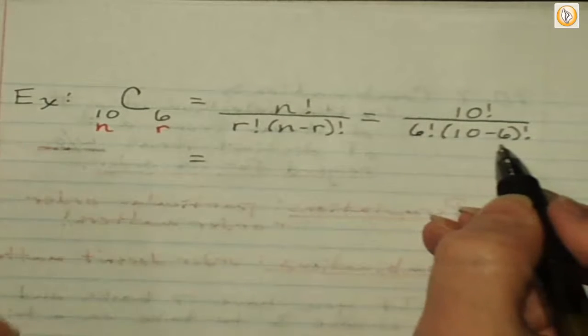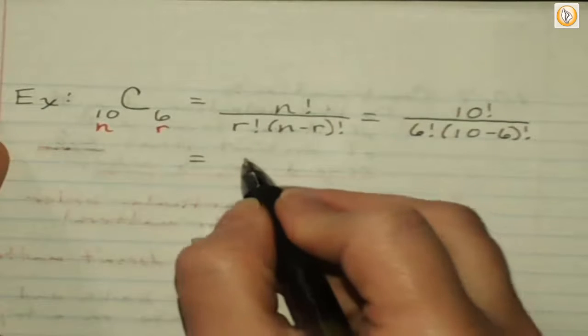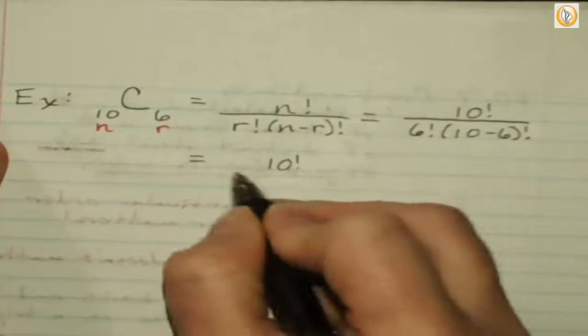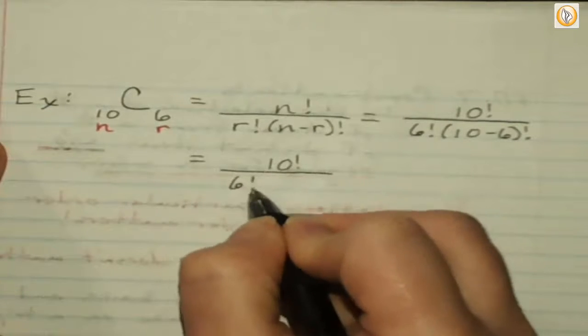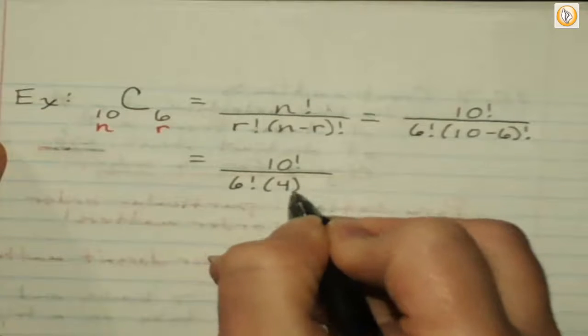Ten minus 6 is, everyone? 4. Okay, so I have 10 factorial over 6 factorial times 4 factorial.